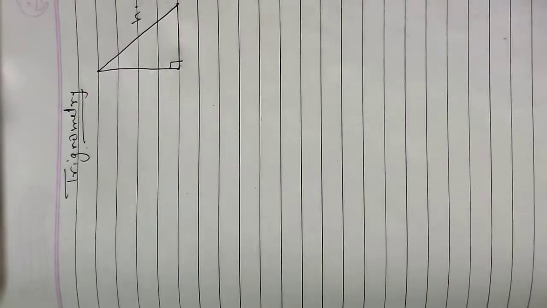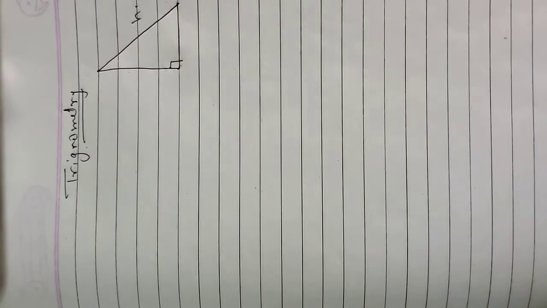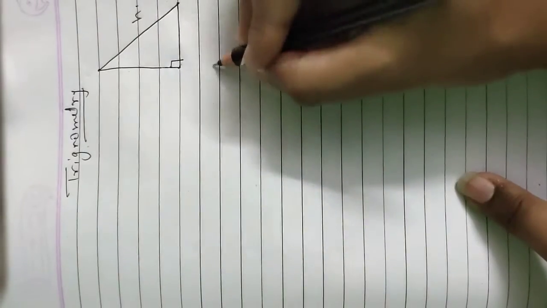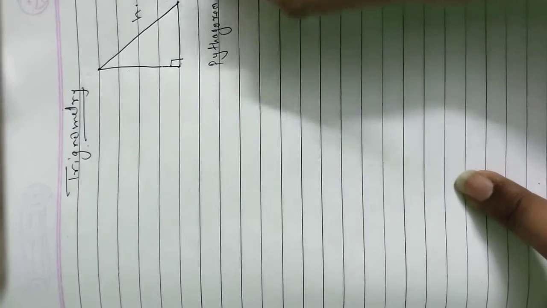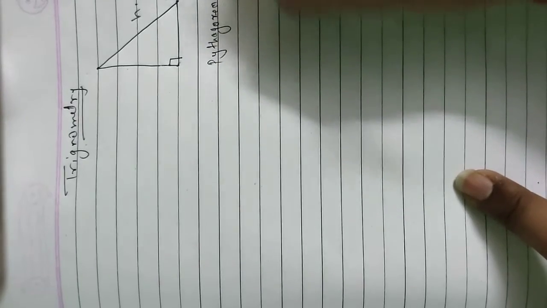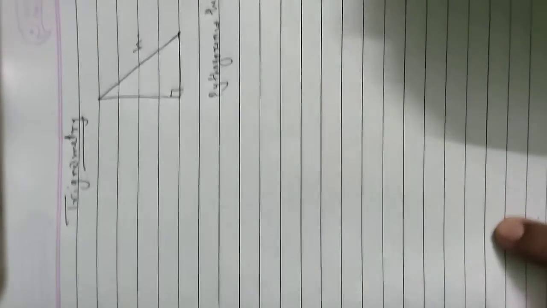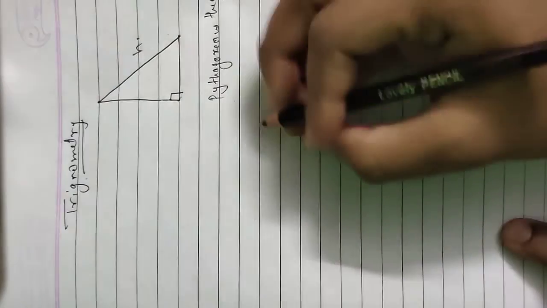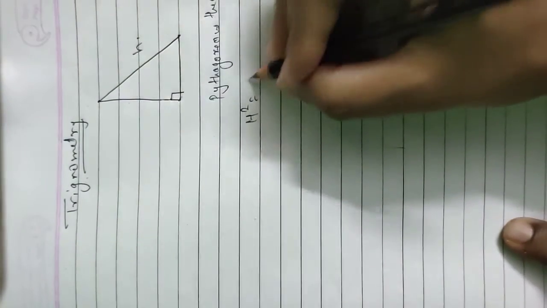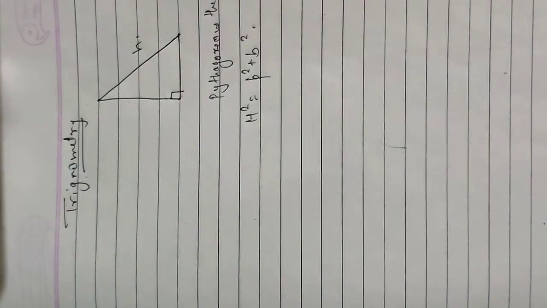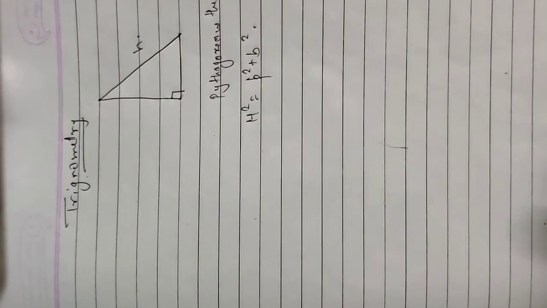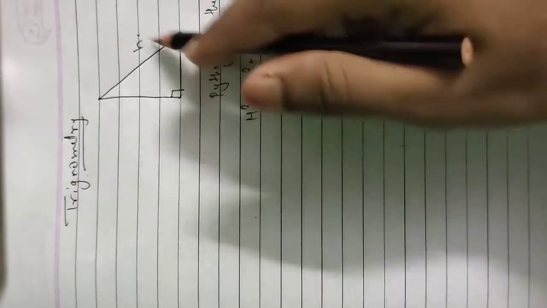If we talk about a right angle triangle, we only knew one thing, the Pythagoras theorem: h square is equal to p square plus b square. We know only this about a right angle triangle, but h is clear.